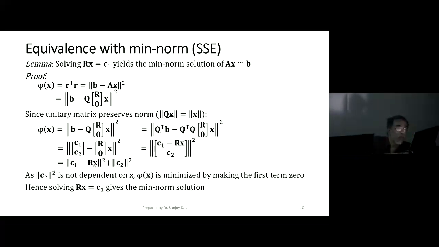Okay, so if we make this equal to 0, this is an n-dimensional vector. So we have basically n equations in n variables, n as in New York. Okay, so we can simply solve for this, equate this to 0, and the minimum error will turn out to be C2 squared.